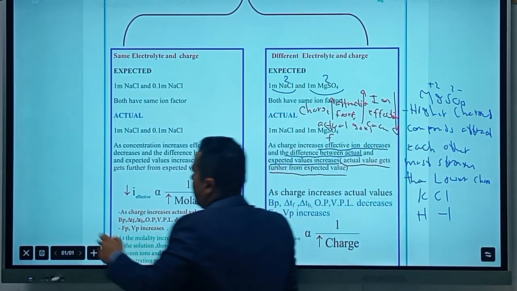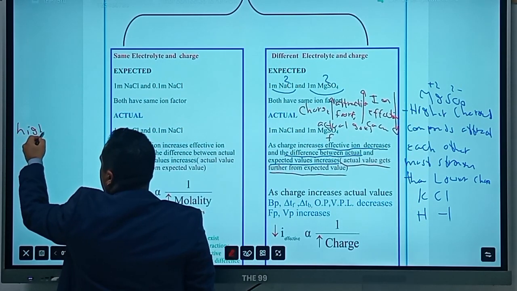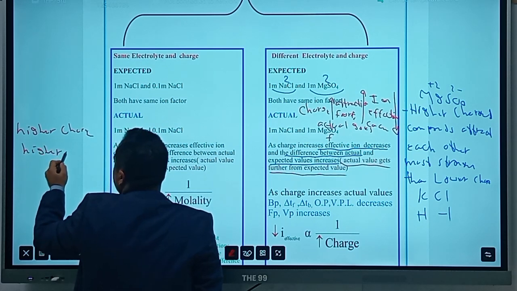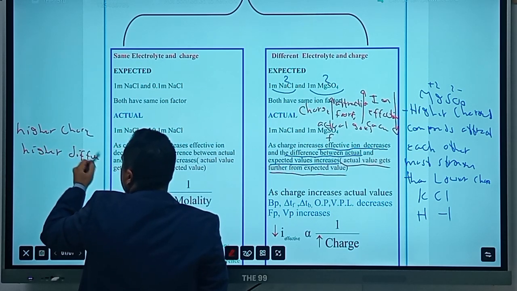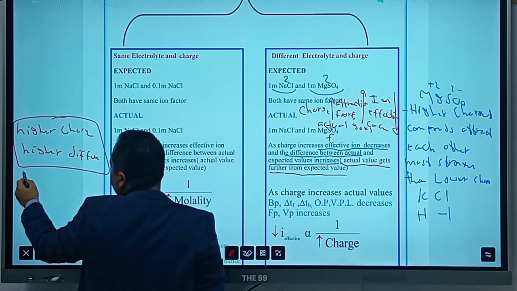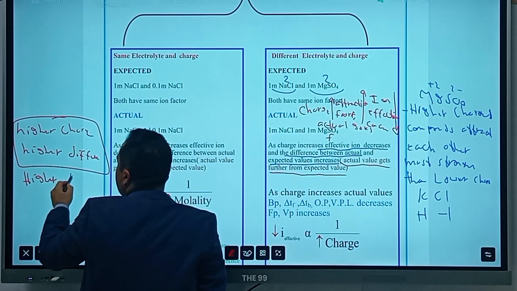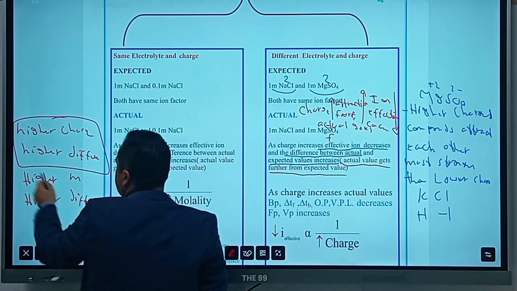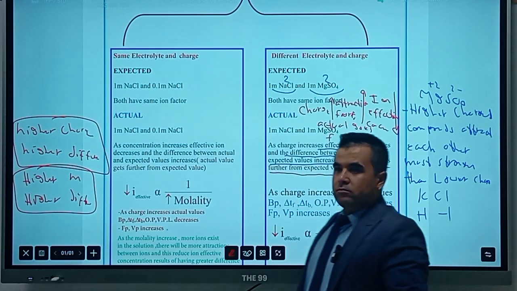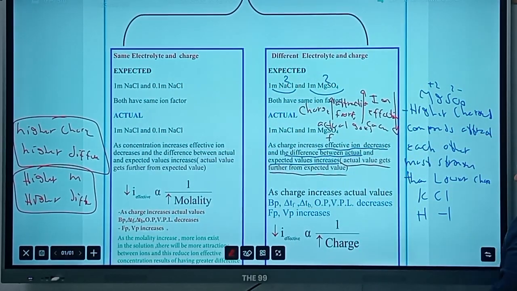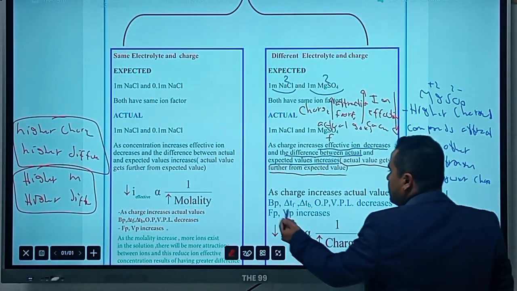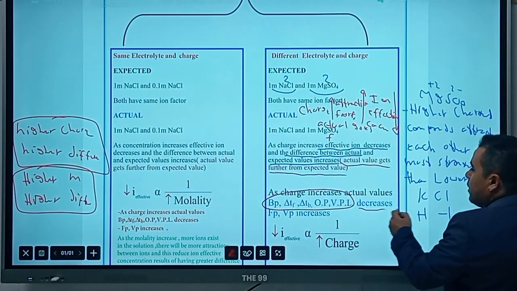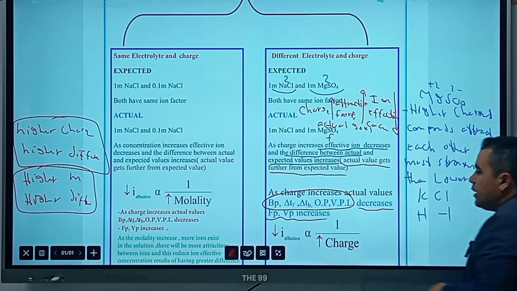Let us conclude that, guys. Higher charge, higher difference between actual and expected. Higher molality, higher difference between actual and expected. And as the charge increases, we stated the actual value of group 5 decreases, but the actual value of group 2 increases.